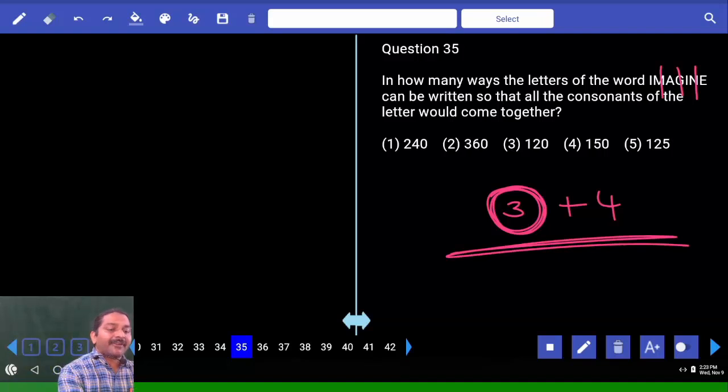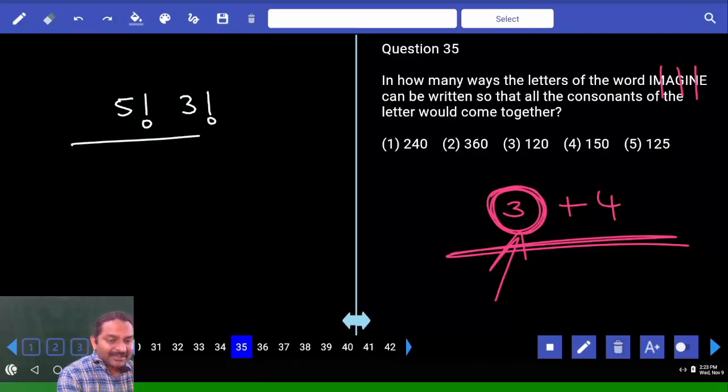5 are there, and 5 can be arranged in 5 factorial ways. And in a bag we have 3 consonants, and they themselves can be arranged in 3 factorial ways. These are total possible ways in which we can arrange them, divided by repetitions.